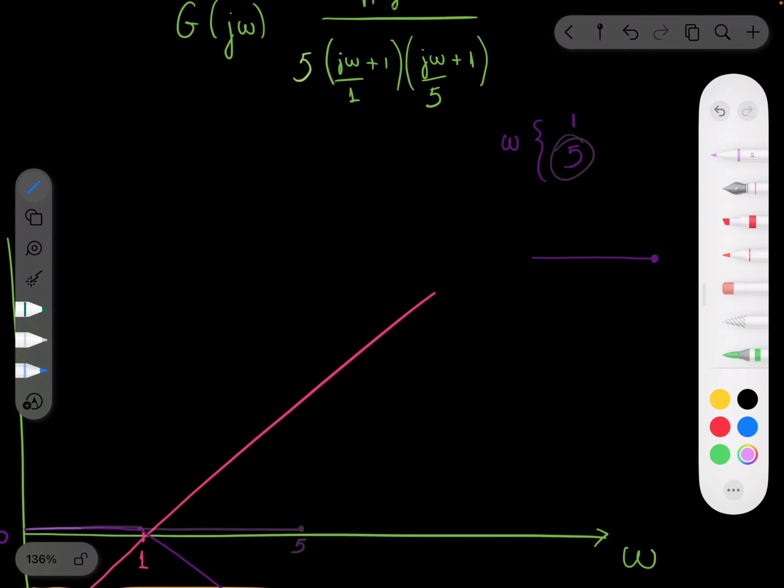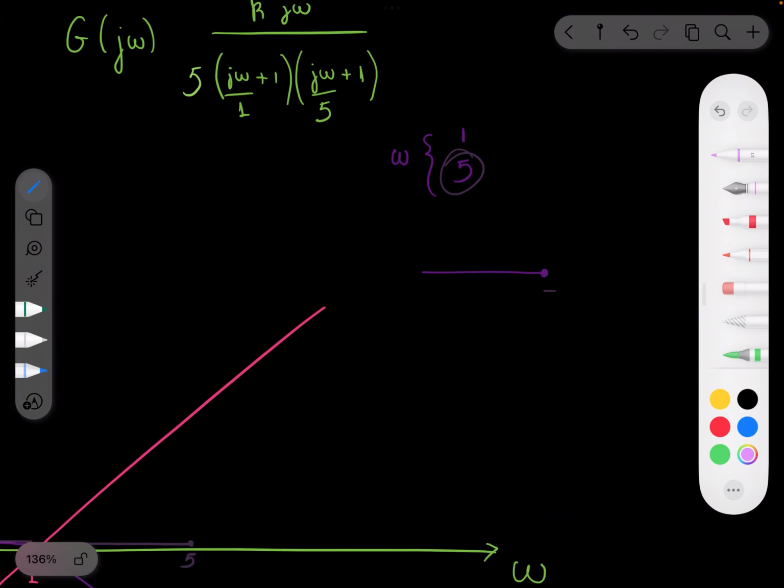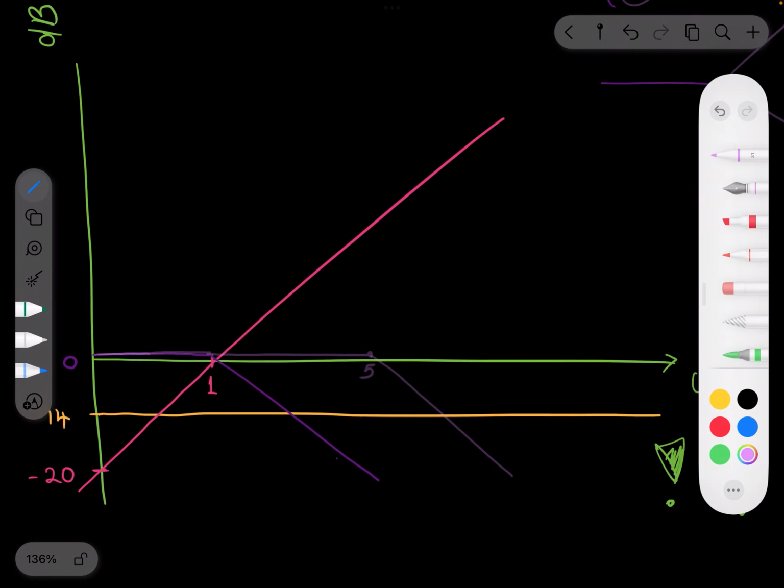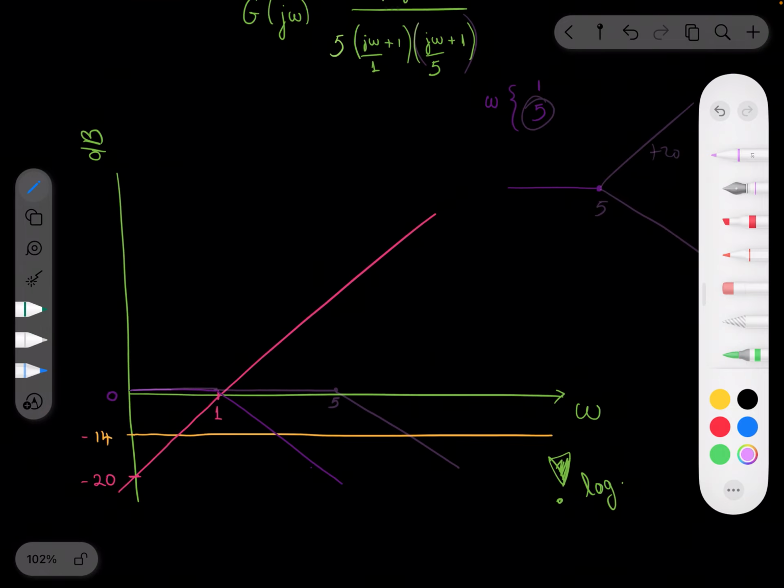And then once again, because it's a pole, minus 20 decibel slope once you hit the corner frequency. If it was a 0, like the bracket as a 0 on the numerator, plus 20. So you can see that it's not the same gradient. Okay, there we go. So that's also 20 decibel slope, minus 20. So yeah, that's it.